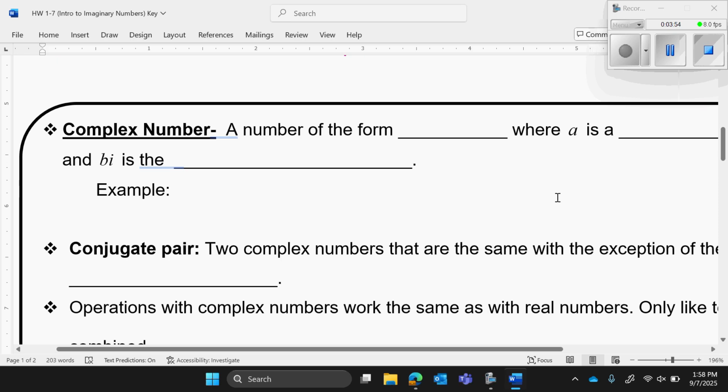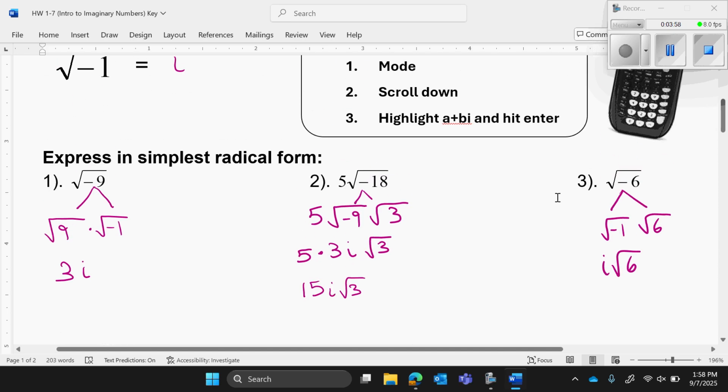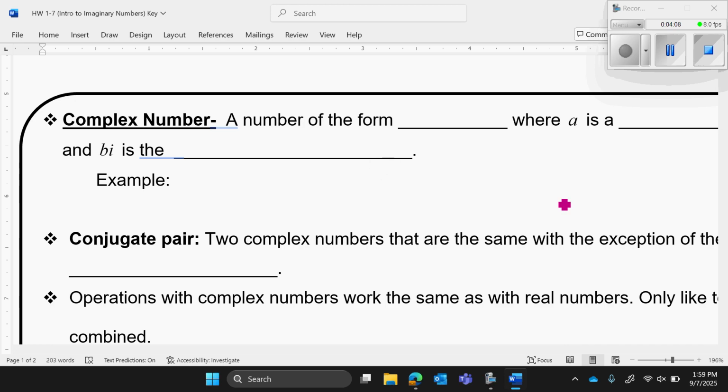Let's talk about what a complex number is. These were imaginary numbers because they have one part, and that part consists of i. A complex number, because we got to make it complicated, is a number of the form a plus bi, where a is a real number and bi is the imaginary number.